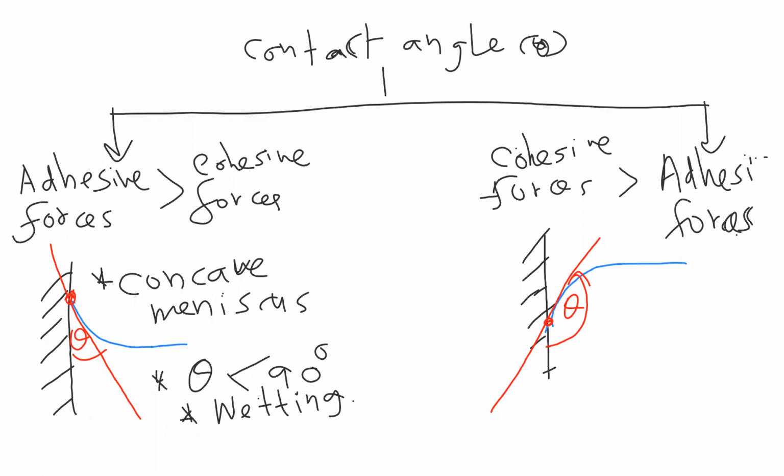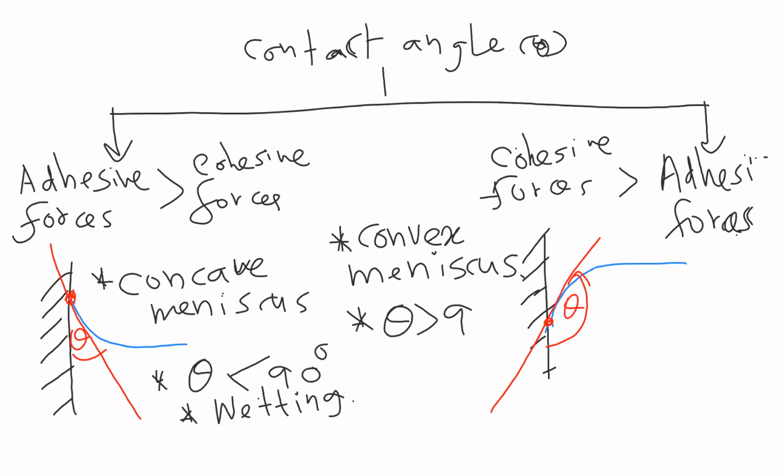The meniscus is convex. Convex meniscus. Contact angle is greater than 90 degrees and this liquid will not wet this surface. Non-wetting scenario.